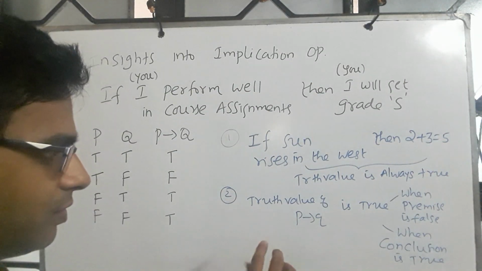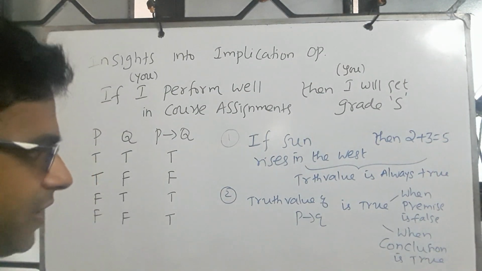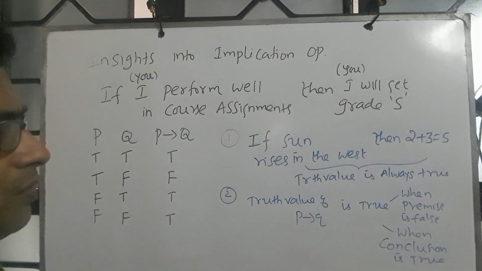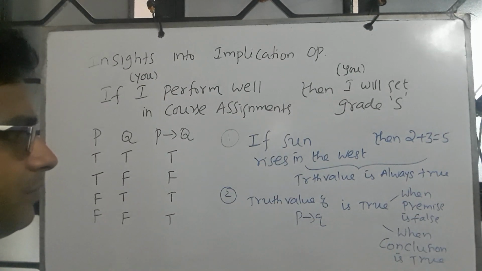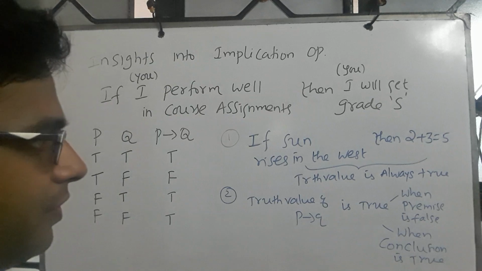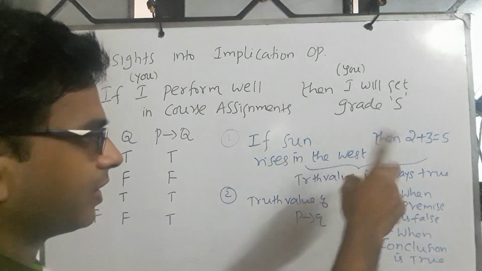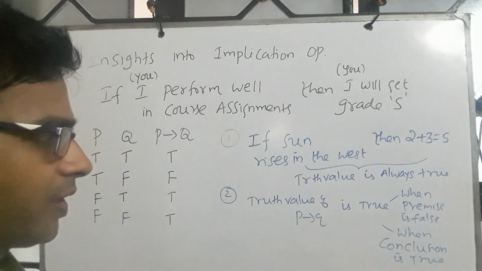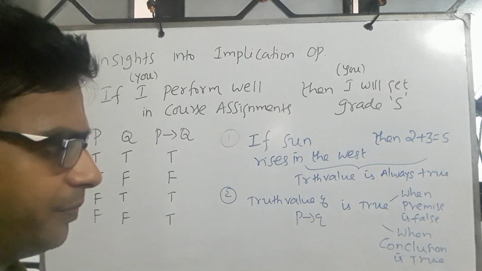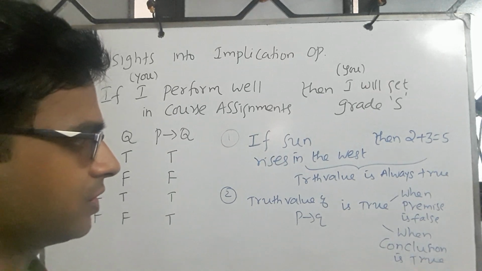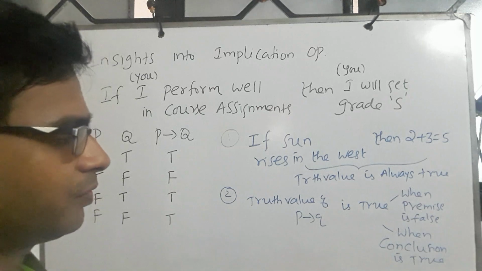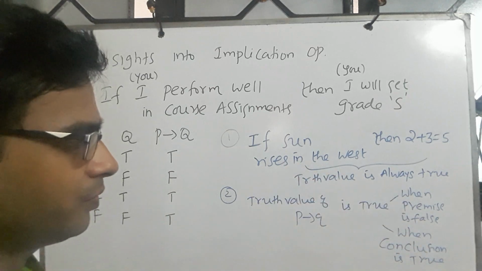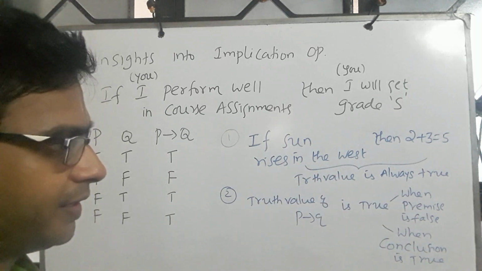So these are all subtle things, but it's very important to know all of this. One, we are not interested in relating P and Q, they both could be any two propositions. We are only interested in knowing the truth value of P imply Q. Are they really related?